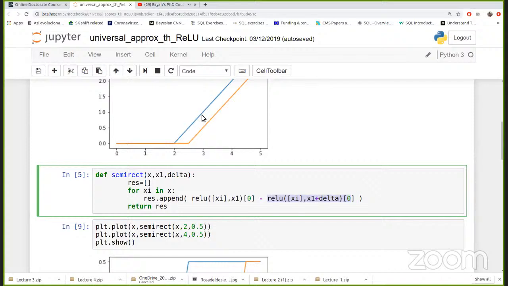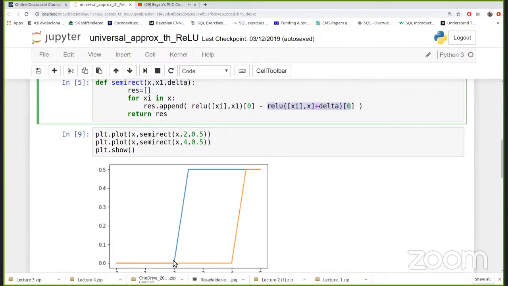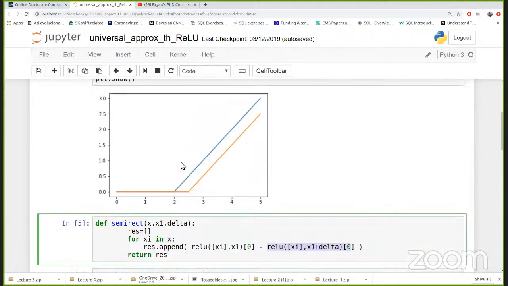But since they grow at an equal rate, then I have a constant from 2.5 to the right. So this blue function here is the result of subtracting these two.